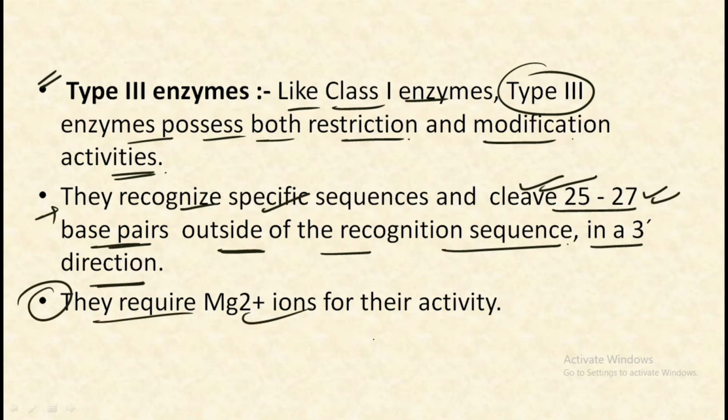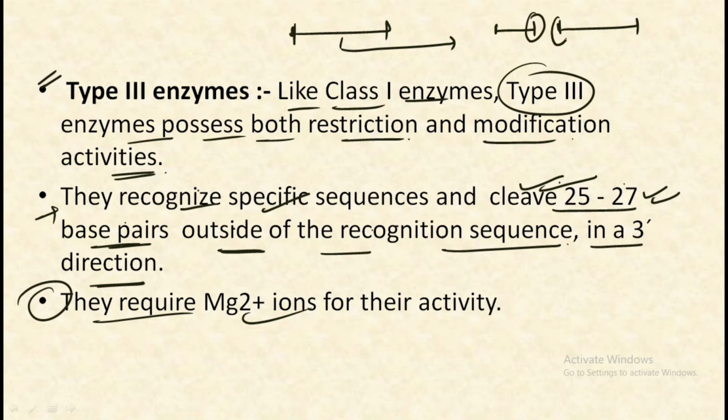What does it mean to cleave 25 to 27 base pairs outside the recognition sequence? In simple terms, as we have discussed, as a result of restriction digestion some fragments are created, and these fragments are created at specific sites.